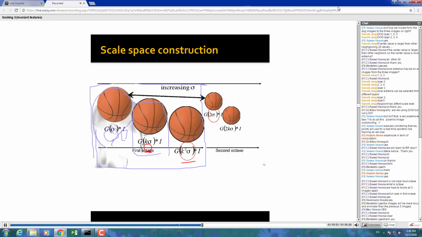For the third image, we multiply K once more, so it becomes K squared sigma.